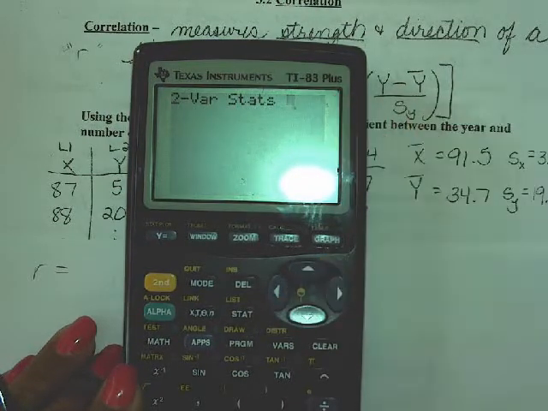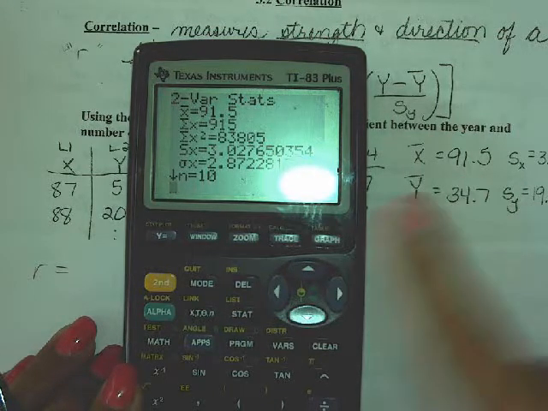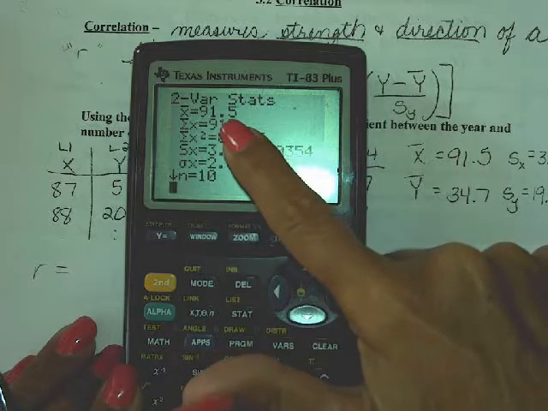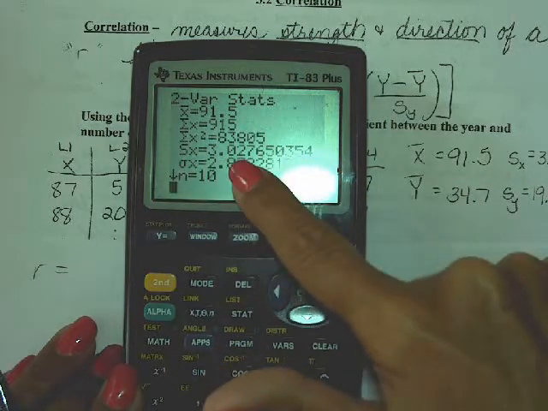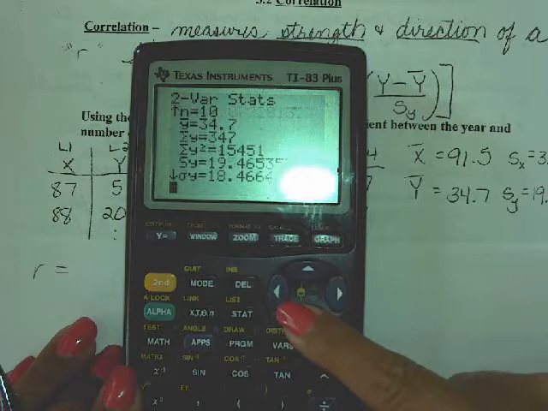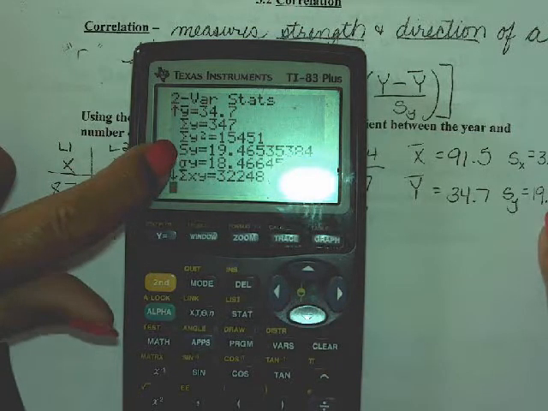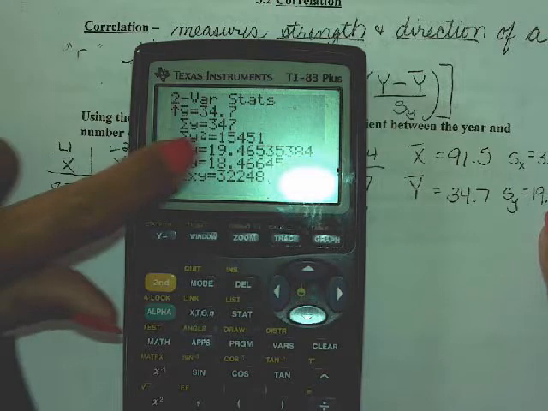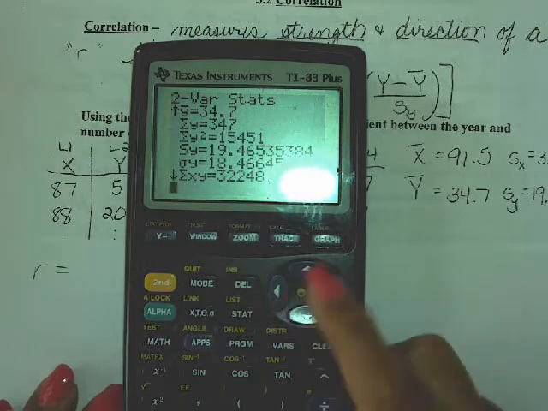So we know that the mean of the x's, for the years, is 91.5, and then the standard deviation, which we'll use the sample standard deviation, is about 3.0276. And then if I keep arrowing down, I can see that the mean of the y's is 34.7, and the standard deviation, sample standard deviation again, is approximately 19.47. So rounding these off to the nearest hundredth.